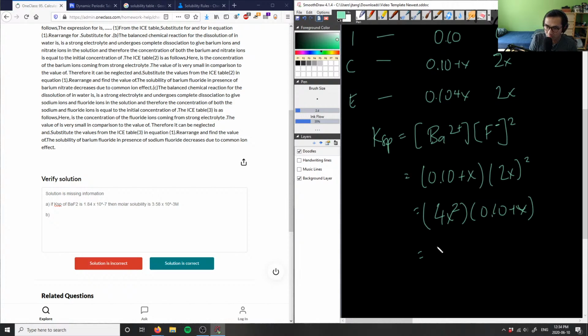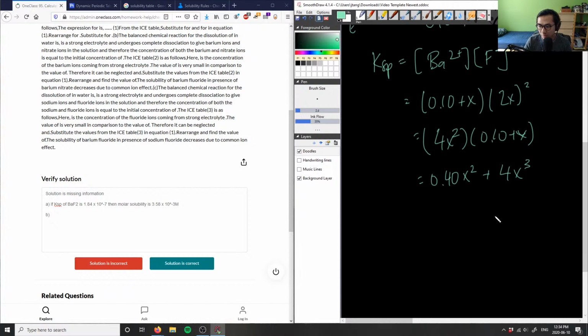And this here would be 0.40x squared plus 4x cubed would equal my KSP value of 1.84 times 10 to the negative 7. And all I'm going to do is simply isolate for my x value here to solve for this problem.